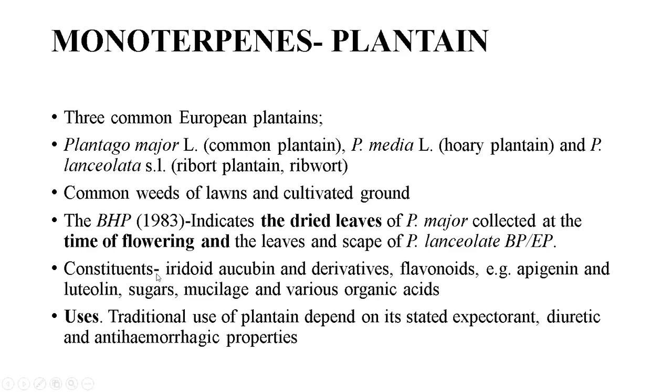The constituents include the iridoid. If you ever see this, you just know it's a bitter tonic. So again, we will definitely know that it will be used for GIT. The traditional use of plantain depends on its stated expectorant, diuretic, and anti-hemorrhagic properties.